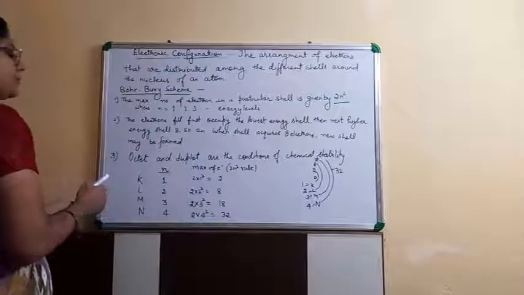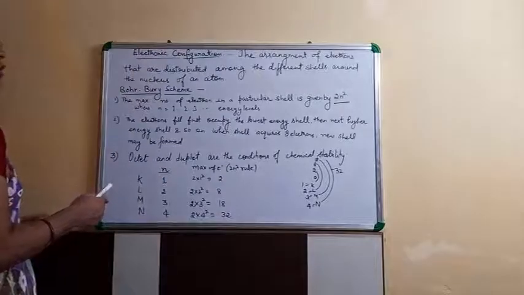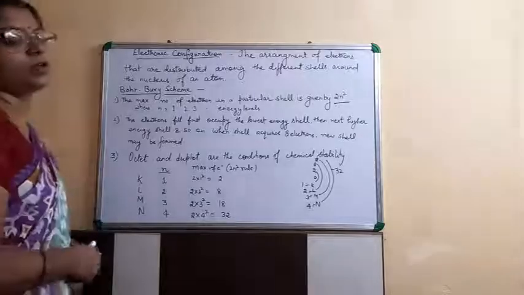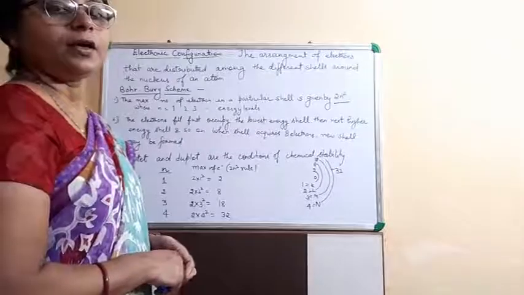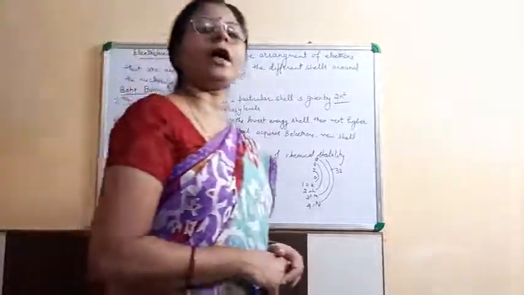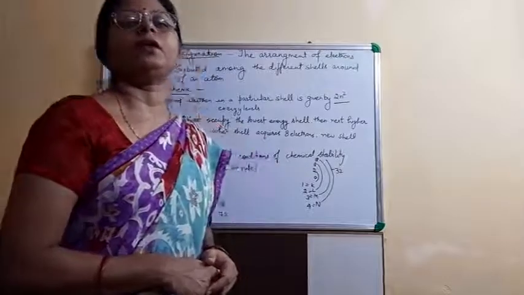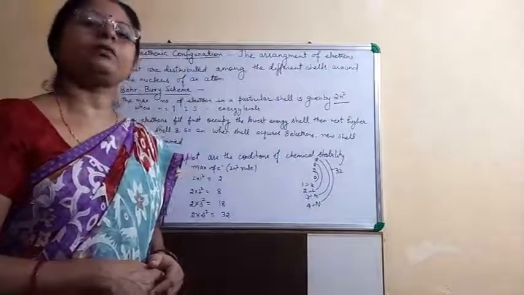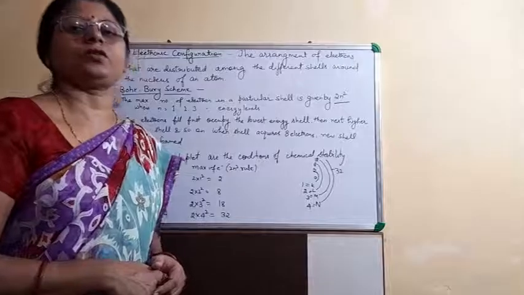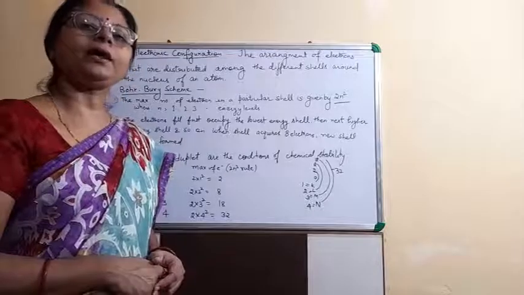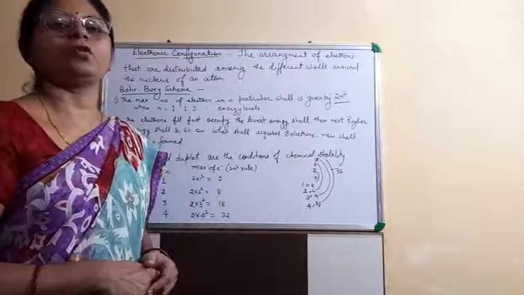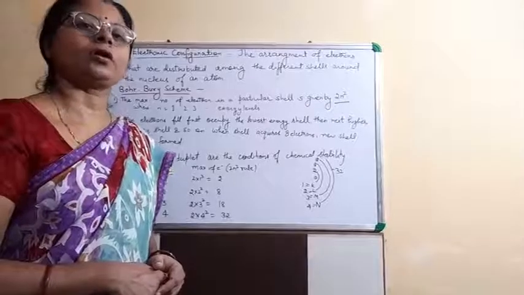Next, electrons follow chemical stability when they have 8 electrons in their outermost valence shell, which means the octet structure. Having 8 electrons in the outermost valence orbit is called the octet.